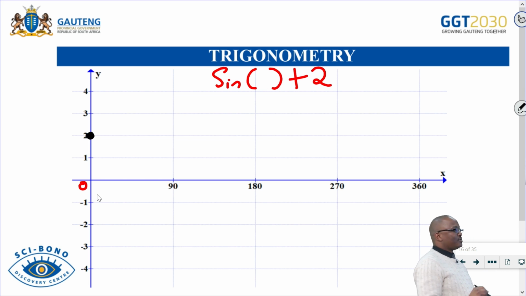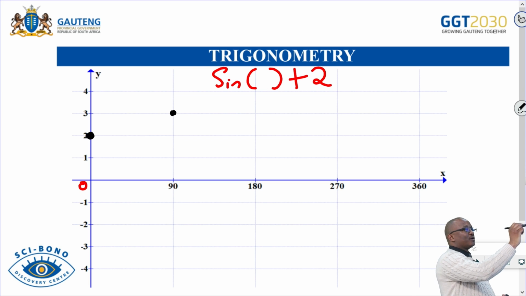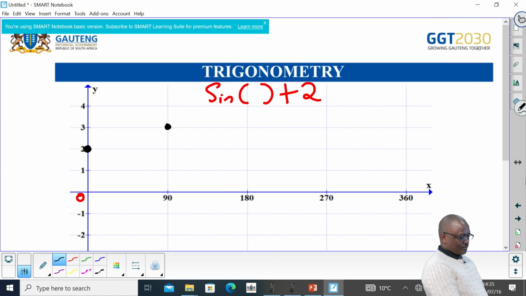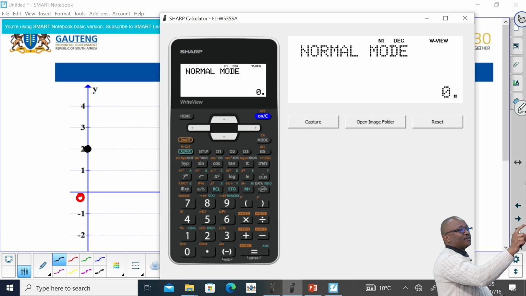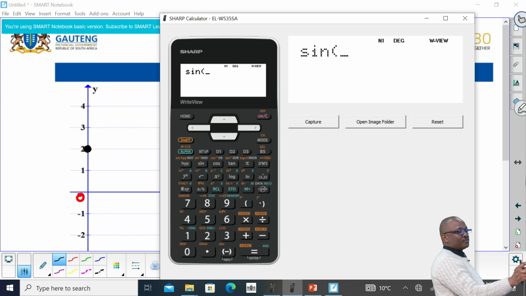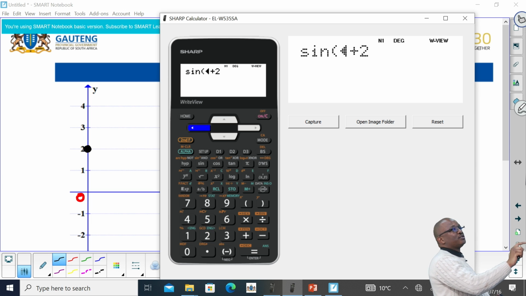Then if you say sine 90 plus 2, you will find that this graph now will come to 3. So let's double check that. If now I have the sine, close bracket, plus 2, then we substitute 90.